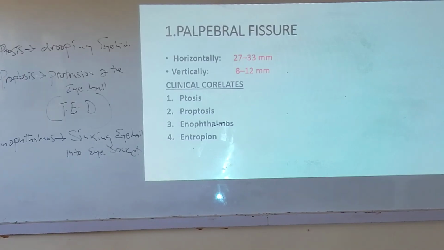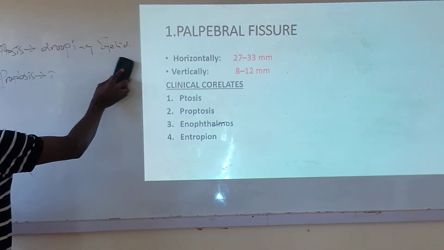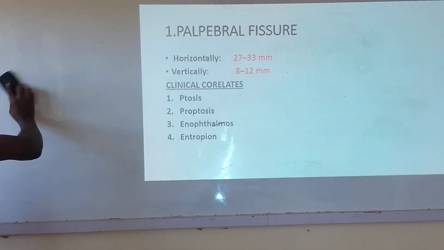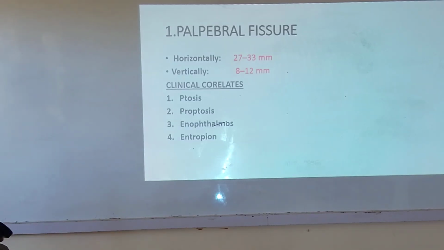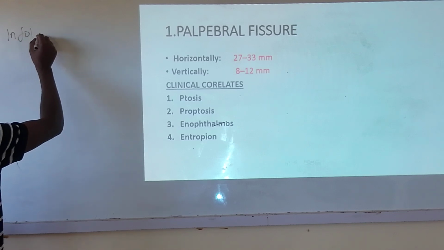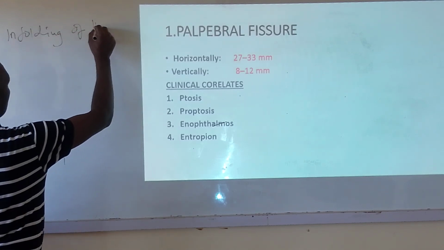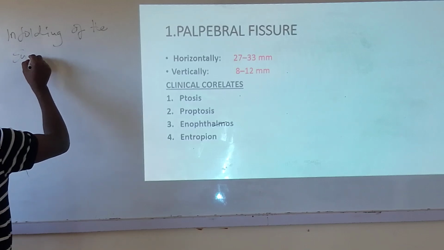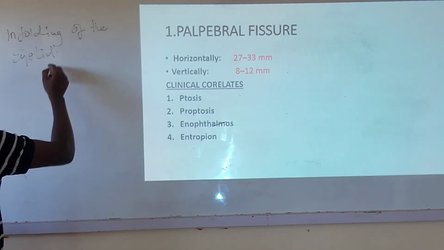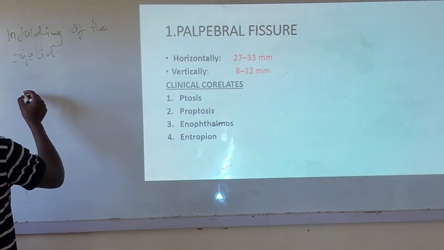Entropion. What is entropion? Entropion in this case is basically the infolding of the eyelid. So when you have your eyelid, for example, this is the eye.